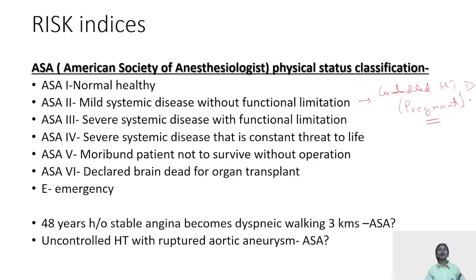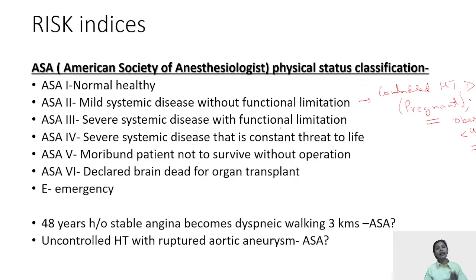Pregnant patients fall into ASA 2, and obese patients with BMI of less than 40 kg per meter square fall into ASA 2 category. Now, ASA 3 is the patient has a severe systemic disease with functional limitation.